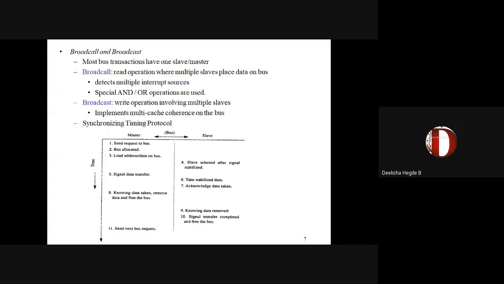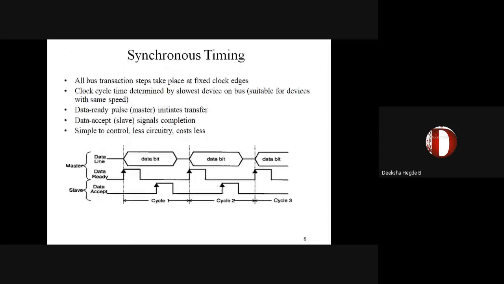The master transfers the data signal, and the slave receives the data, then acknowledges the data taken. Knowing the data is taken, the master removes the data from the bus. Knowing the data is removed, the slave signals that the transfer is completed. Then the master can send the next bus request. This is the time sequence for the information transfer.